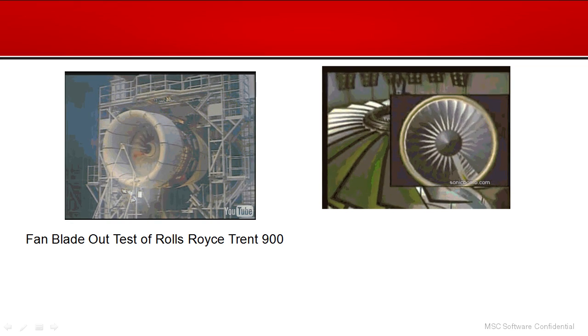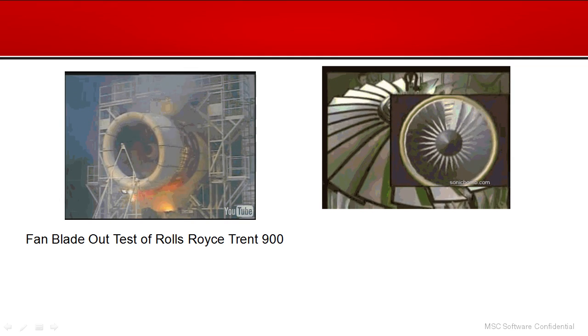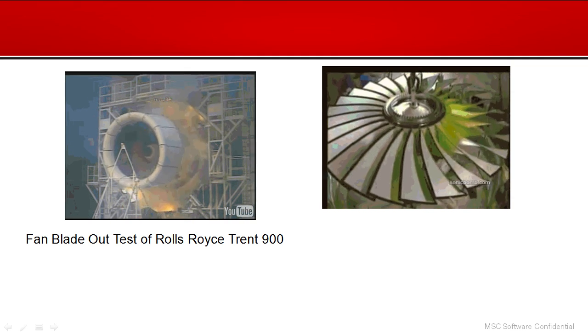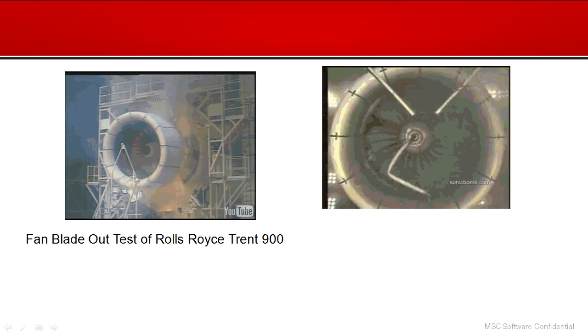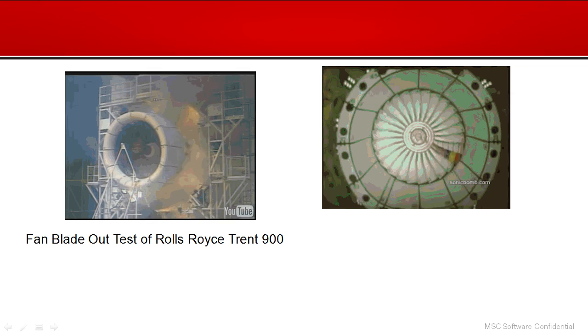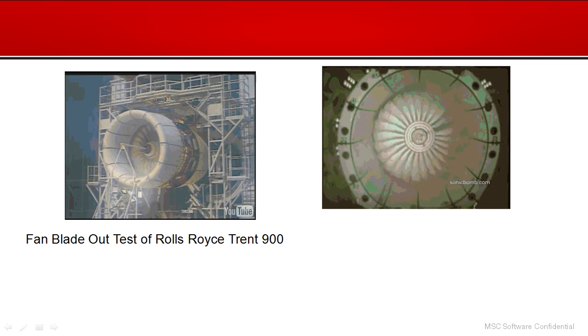As shown in this video, full engine testing can be very costly. A number of research and commercial computer programs are available that can simulate the bird strike and fan blade out on the engine case. These are generally transient, explicit finite element codes.